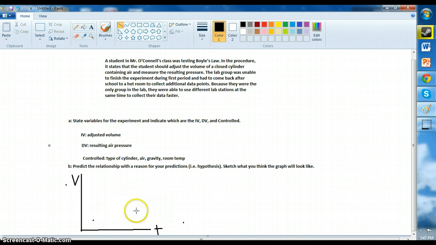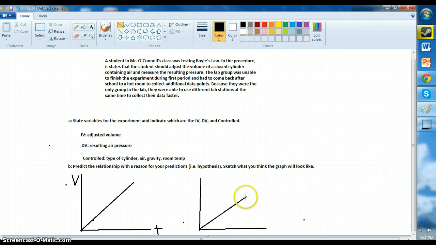So as time goes on, the volume is going to increase because of the expanding heat. So that also means that because of this, the pressure is also going to increase.